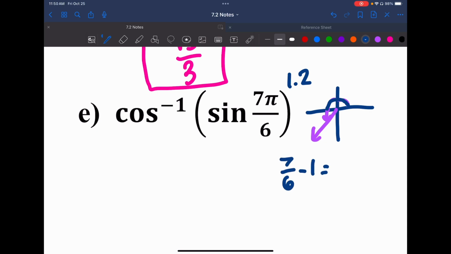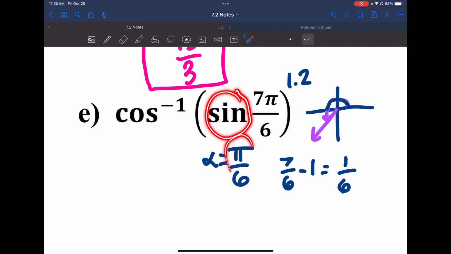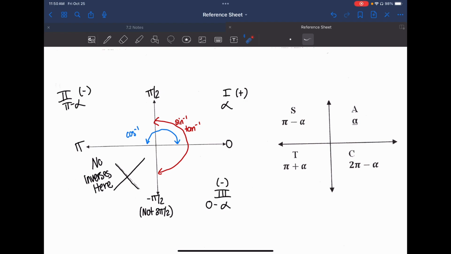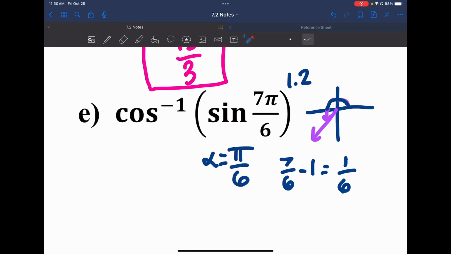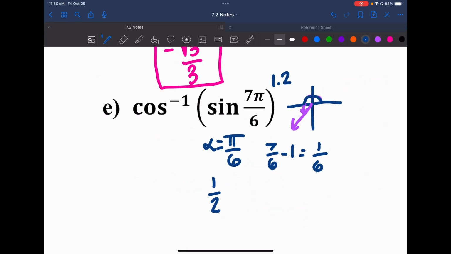Remember that 1 is 6 over 6, so that will leave you with 1/6. Your reference angle would be pi over 6. So I'm going to go to my trig chart and find sine of pi over 6. Sine of pi over 6 is 1/2. But again, like we were just talking about, that's the T quadrant, and this is sine, makes this negative.